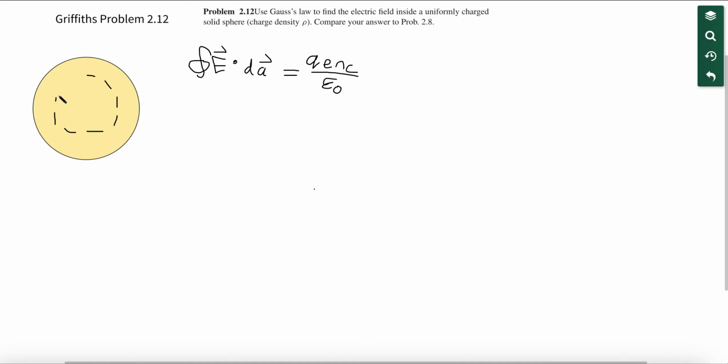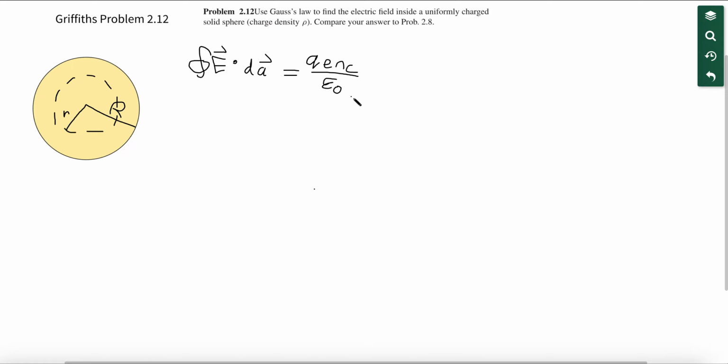Now, my circle may not be perfect, but I think it gets the point across. Another thing we're going to have to do is make our actual solid sphere have a radius of big R, while our Gaussian surface is going to have a radius of little r, just so we can differentiate between the two, because they're not going to be the same radiuses.